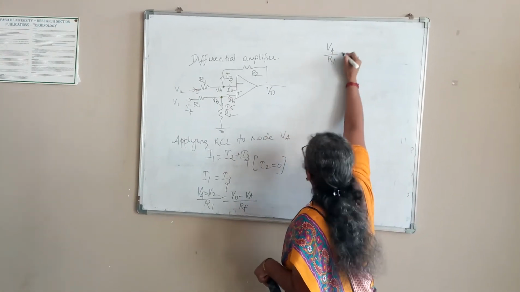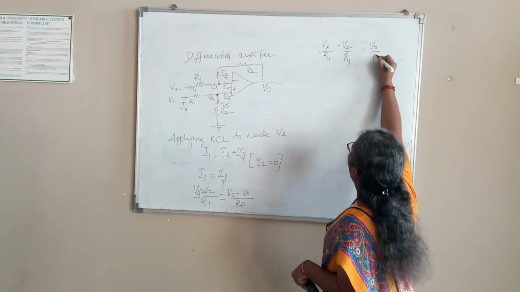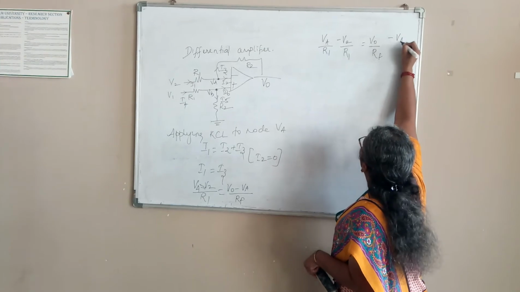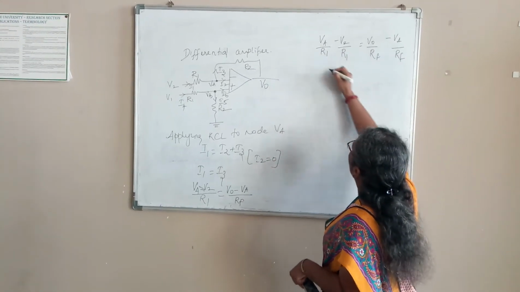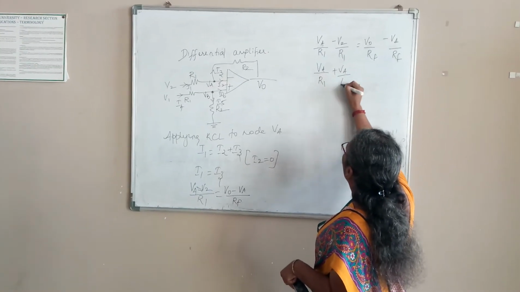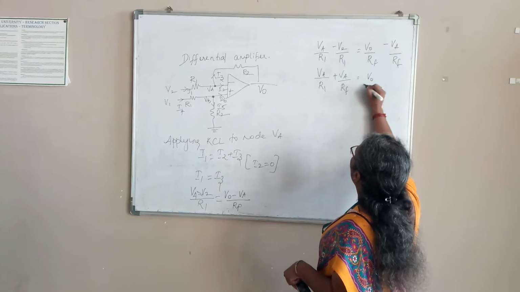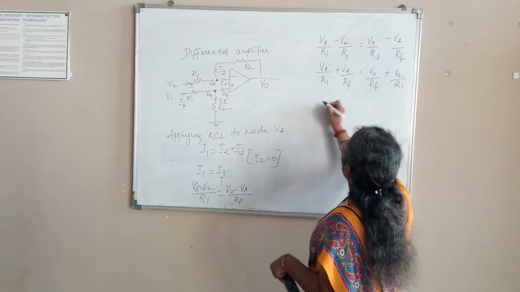So VA by R1 minus V2 by R1 is equal to V0 by RF minus VA by RF. I will bring this VA to this side and V2 to this side. So it is VA by R1 plus VA by RF is equal to V0 by RF plus V2 by R1.